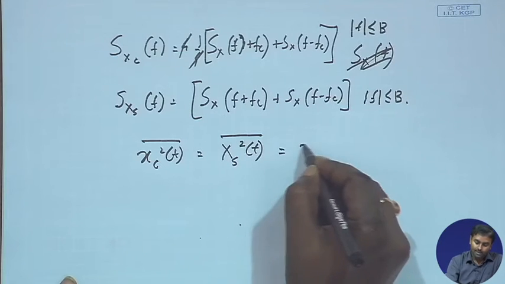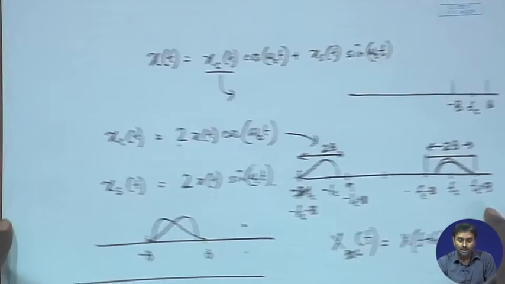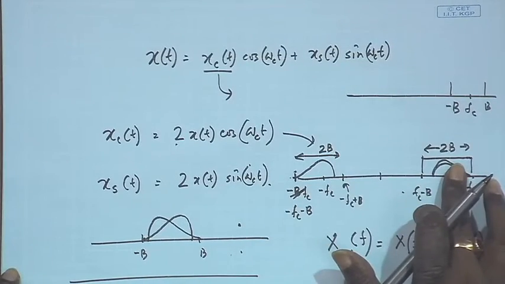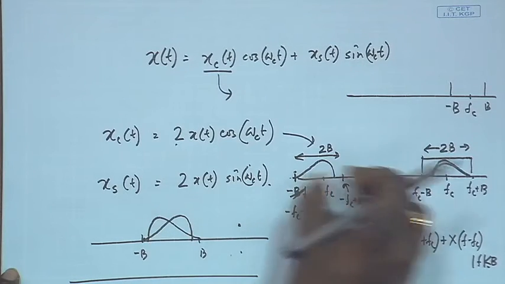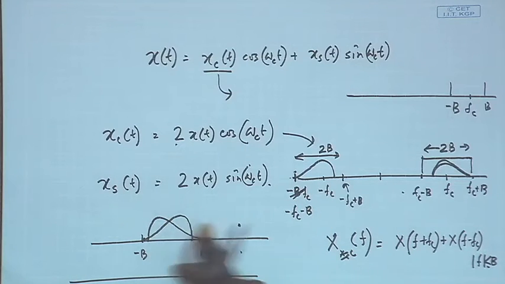Not only that, this is also the same as this, because think about these two power spectral densities. If I go back to this example, the power spectral density of this one will be this plus this, same thing happening over here. It is just this portion being repeated over here, this portion being repeated over here without any attenuation. So, the power spectral density will be just the addition of these two, which is the same.